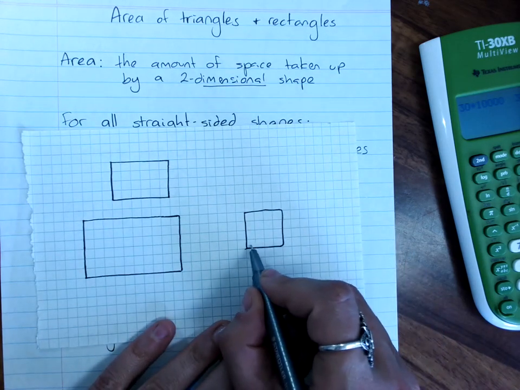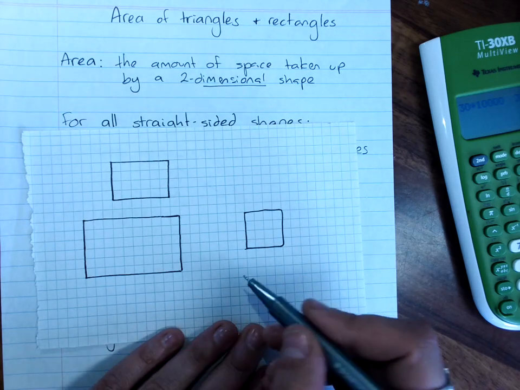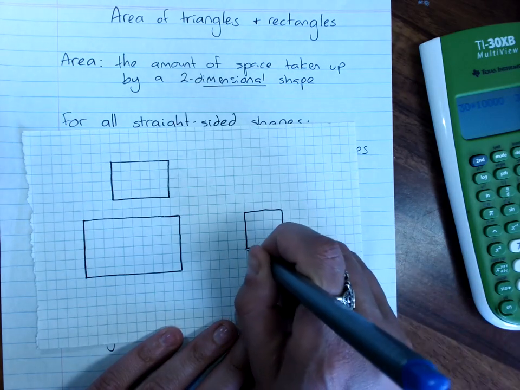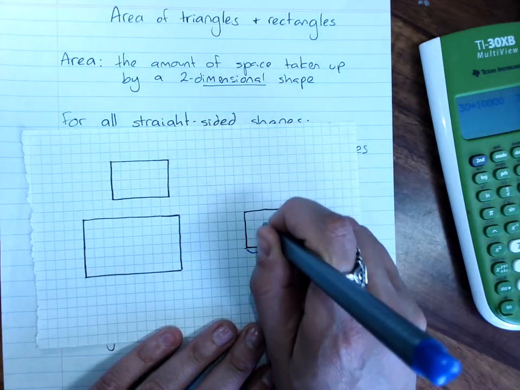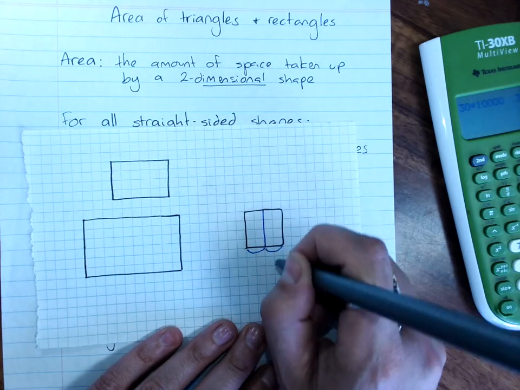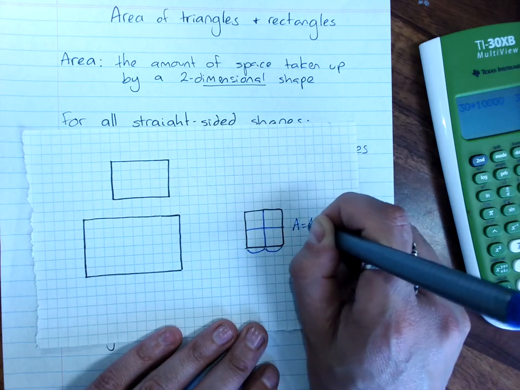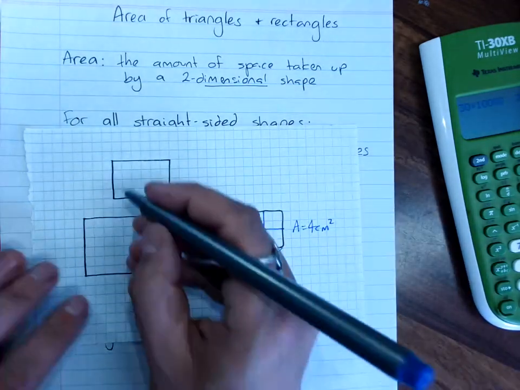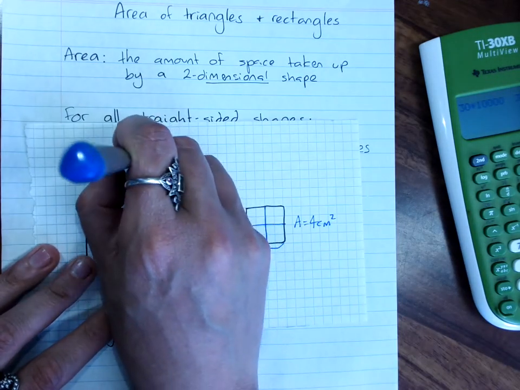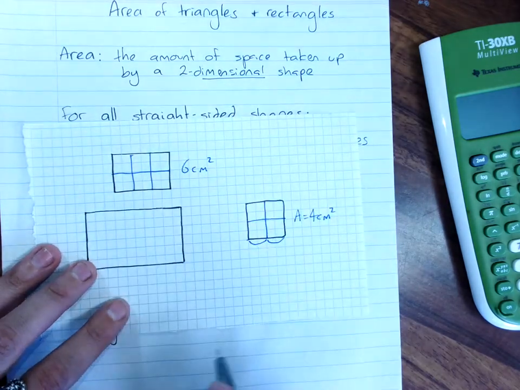Now, we're not counting the little ones here because we can choose millimetres, centimetres, or kilometres or metres, and so I'm going to choose centimetres. So if I split this into centimetres, I can see that this area is 4 centimetres squared. And I could just split it up. That would be fine. I'm going to split this one up into centimetres, and that's 6 centimetres squared.